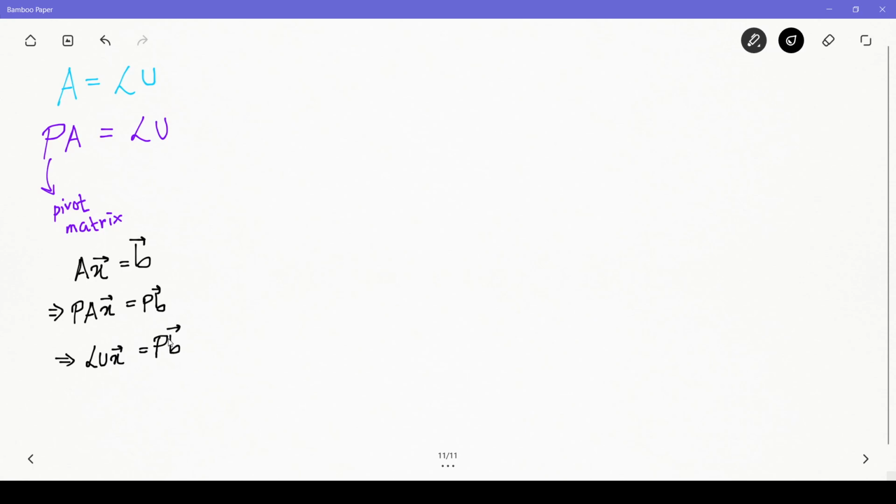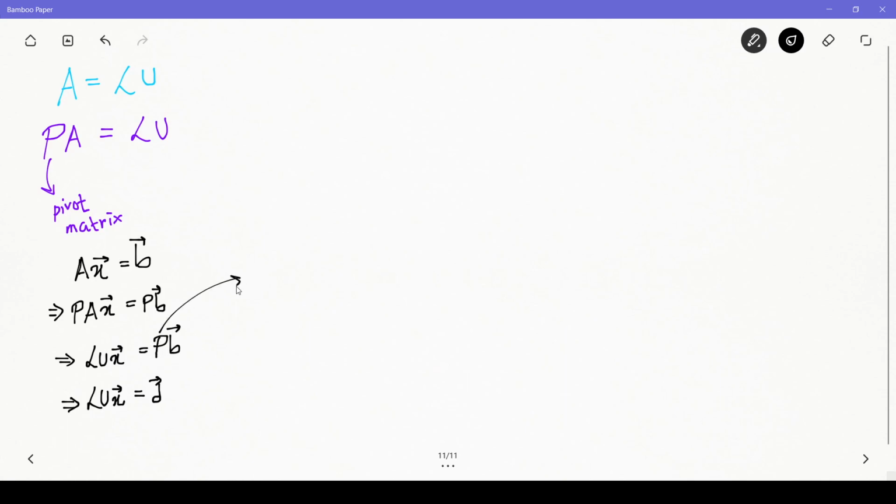Fine. One more step of simplification we can do is to denote the P times b vector as a new vector d. We know that P is a matrix and b is a column vector, so their multiplication will of course be a column vector.